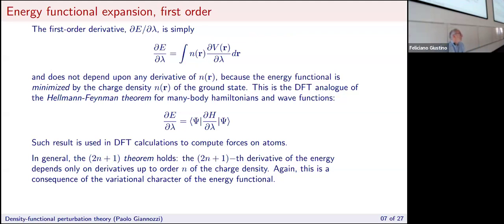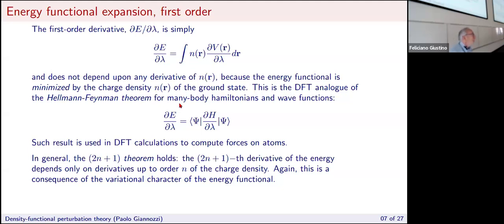So the energy functional is minimized by the ground state charge density, which means that if you write the first order derivative of the energy, you will have just the matrix element of the perturbation, plus a term that depends upon the derivative of the charge density that vanishes because the energy is variational. It's minimized by the ground state charge density.